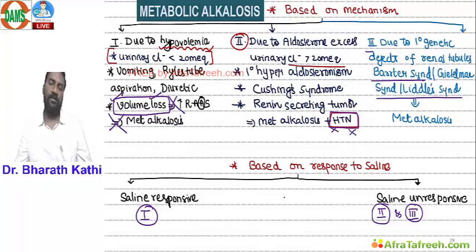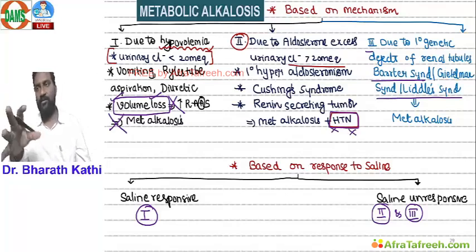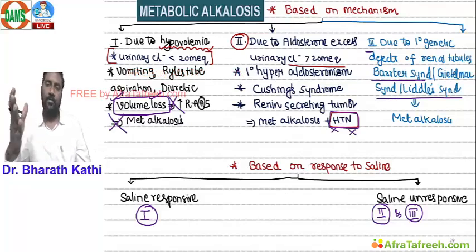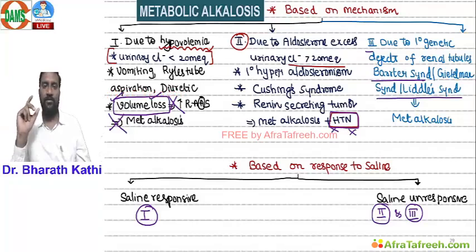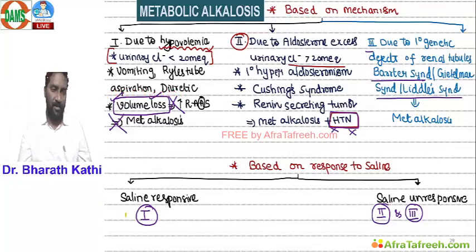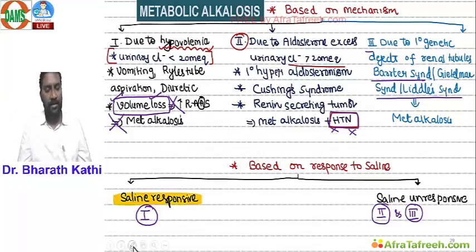In category 3, even if you give saline also, it is not going to completely change those genetic defects. There will be persistence of metabolic alkalosis. So in clinical practice, why is this classification very important? If it is a saline responsive case, give saline, there ends the matter. If it is a saline unresponsive case, you have to evaluate further, find the reason and treat the underlying disorder.